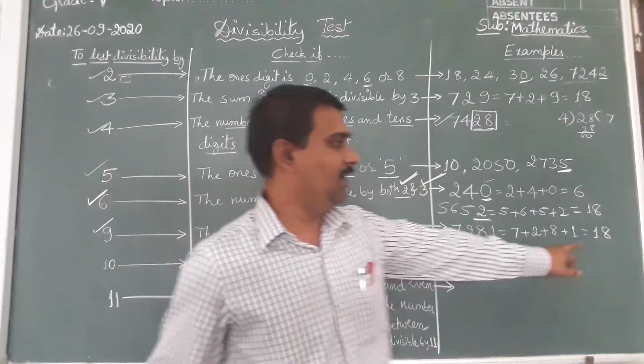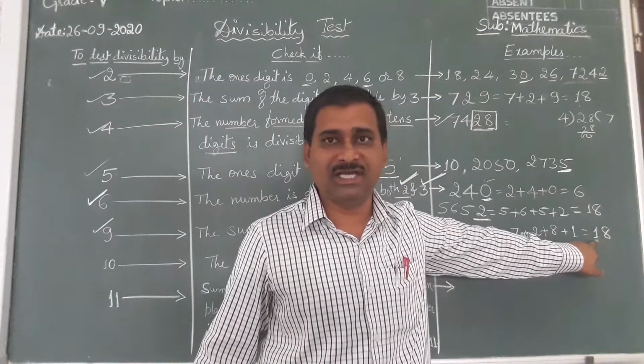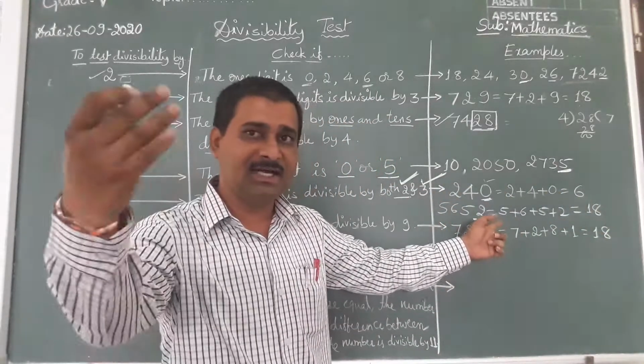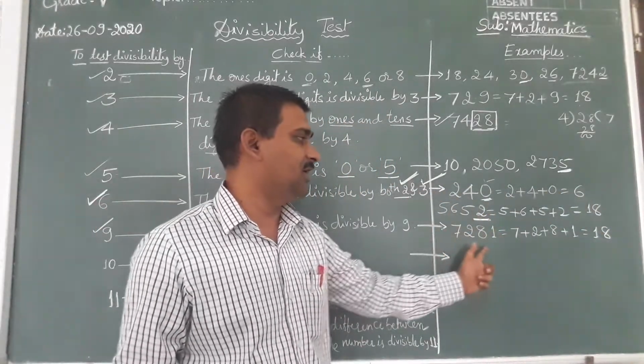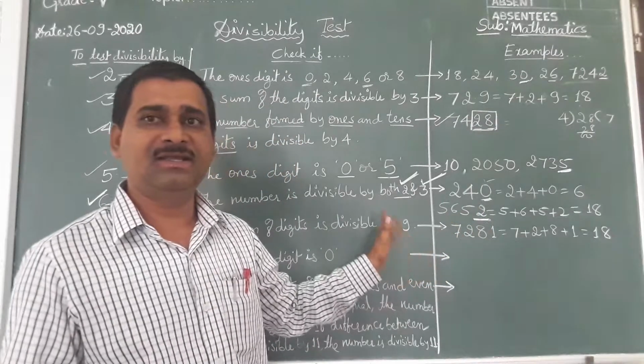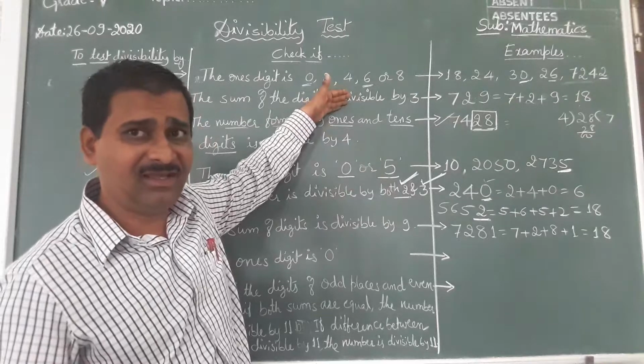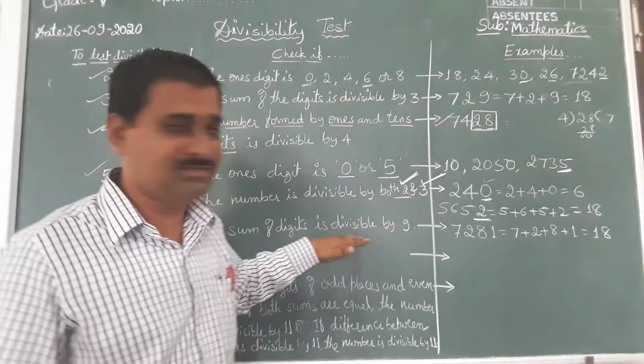Children, 18 is divisible by 9. 9 twos are 18. When 18 is divisible by 9, then you can decide yourself, 7,281 is also divisible by 9. When this rule is the same as 3, I don't want to waste much time here.